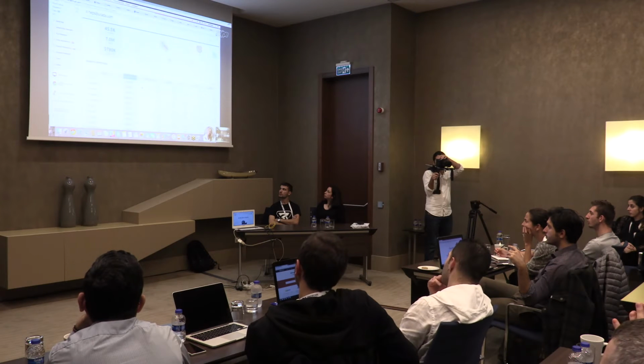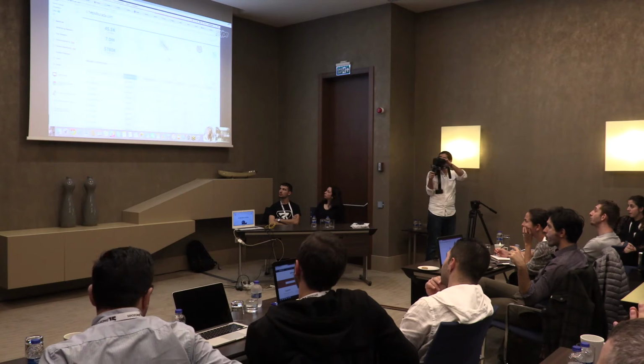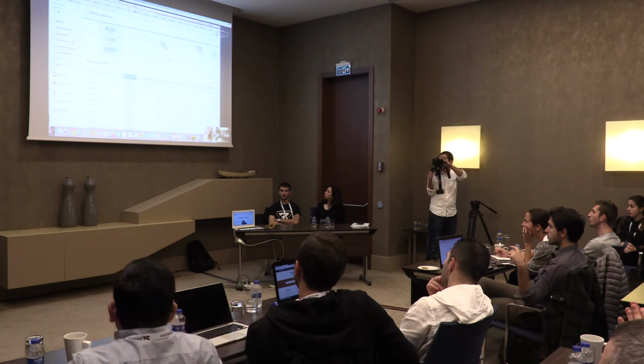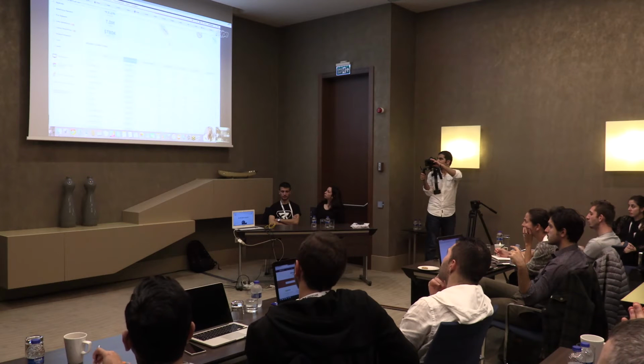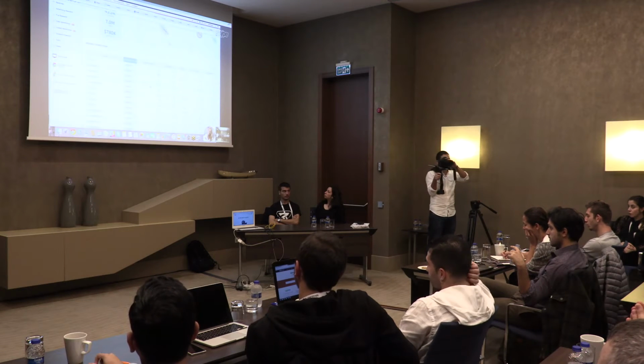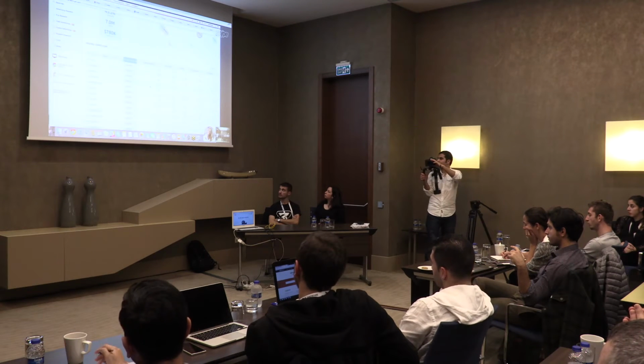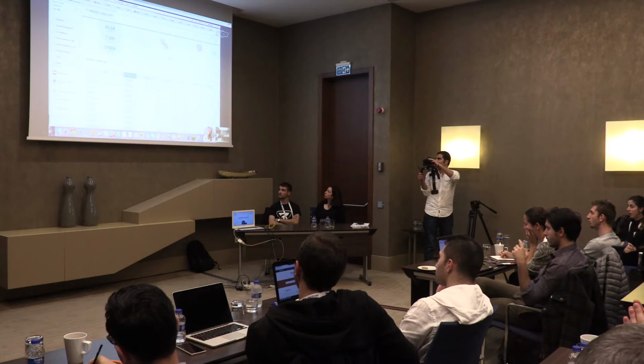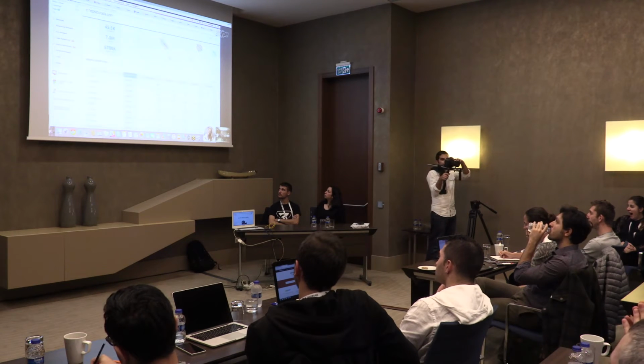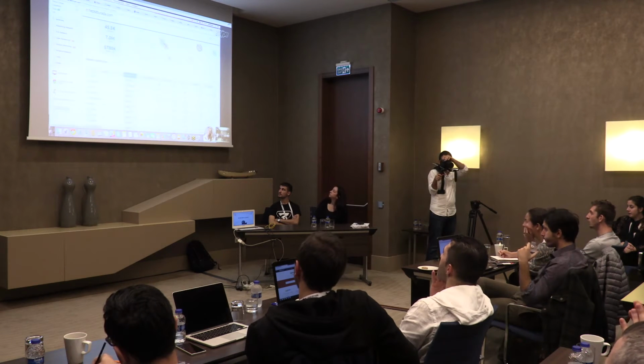So here we have the list of all the domains which are competitors of ours, and what we can do here, we can simply take a look at them and find out who is our competitor if we don't know them. But what's more interesting here is we can see the number of common keywords which we share between us.